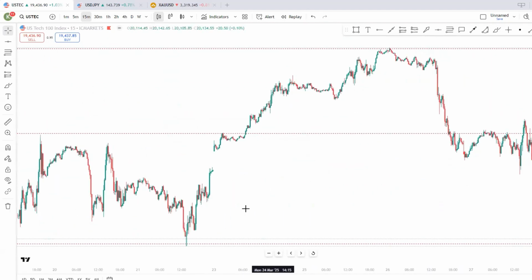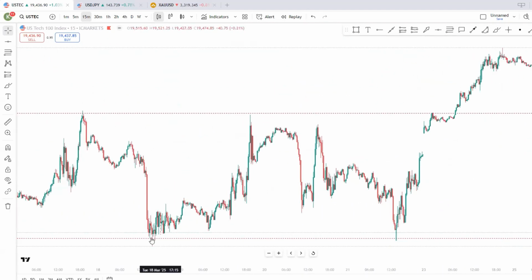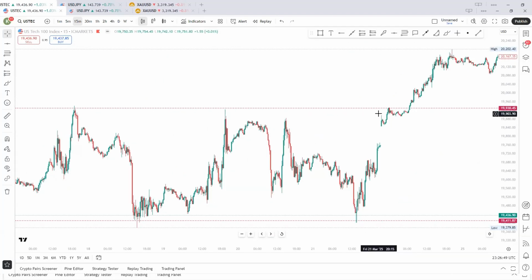So if you look at it like so, we were here, we bounced, came all the way up here, right? And then we came back here, we bounced again. So this is literally showing you these key zones that you can take your trades from, because there is potential that we do the same thing. The market behavior is repetitive. Always remember that.